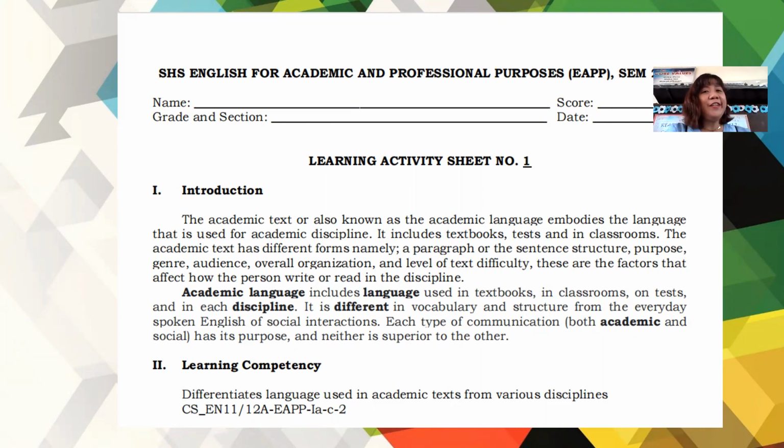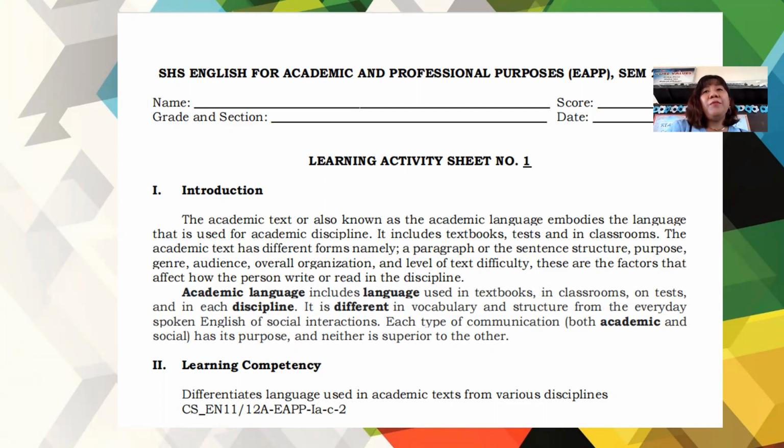And for our study of English for academic and professional purposes, our learning activity sheet number 1, which tackles about academic text, is also an example of academic text. The academic language includes language used in textbooks, in classrooms, on tests, and in each discipline.